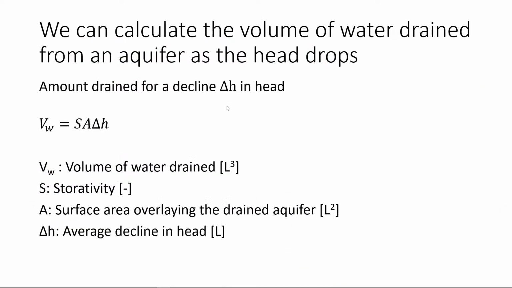So we can calculate the volume of water drained from an aquifer as the head drops. So the amount drained for a decline in the head can be calculated, like what is the amount drained for a unit decline of H. Let me write it again how we had it before.